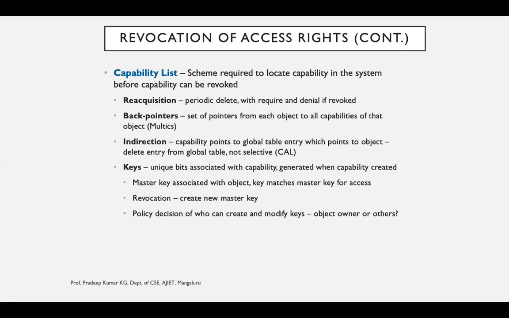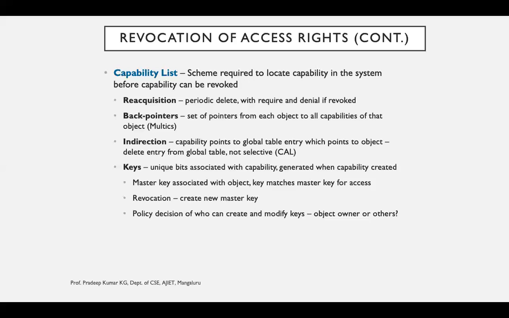So now the dilemma, ambiguity or doubt that may arise is who will create and modify the keys, whether the object owner or somebody else. That is the doubt that may arise. So the major thing is, based on the machine, you may give rights to the operating system as an administrator.